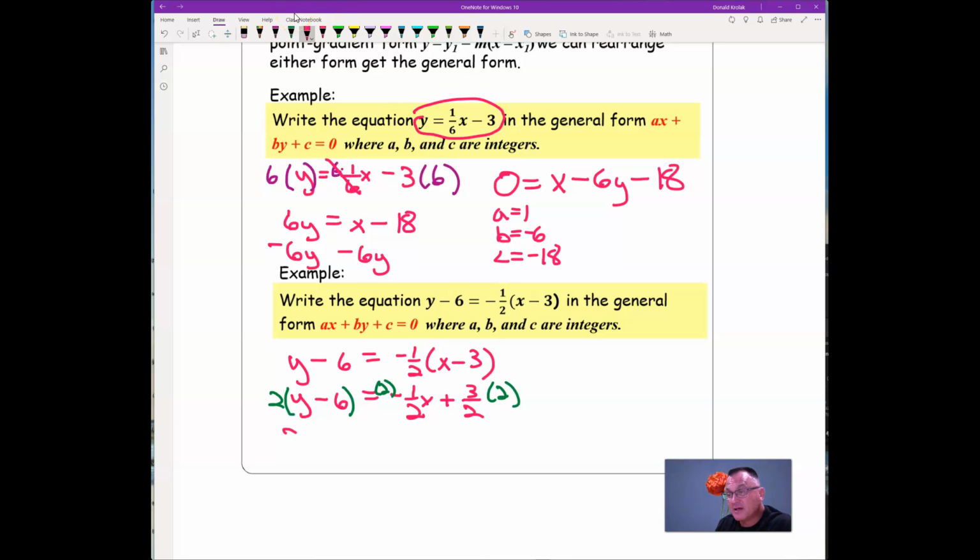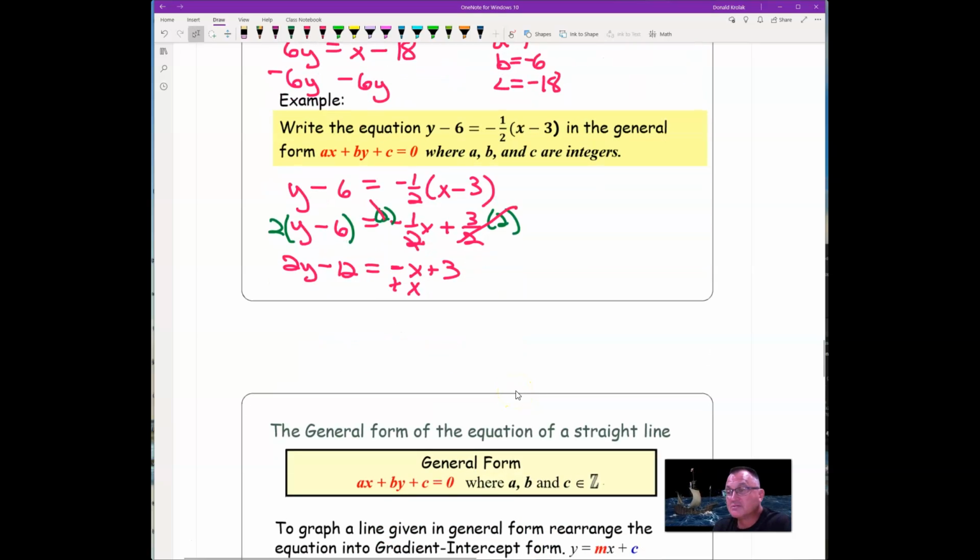Okay, so I have 2y minus 12 equals -1x, so just -x, plus 3. Now get everything on the same side. So I can either move these two to the left or these two to the right. Doesn't matter. Okay, let's do it. Let's move this to the right.